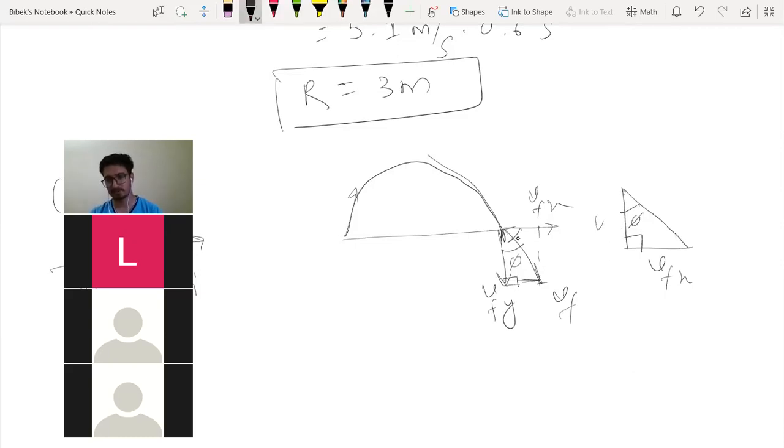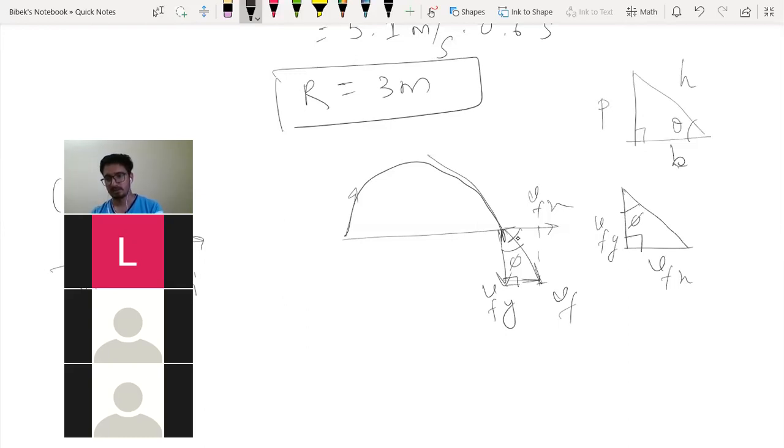You need to know this trigonometry as well. If there is a right angle triangle and this is the angle theta, let's call this side P, the perpendicular, this side the base, and this side the hypotenuse H. You might call it differently.